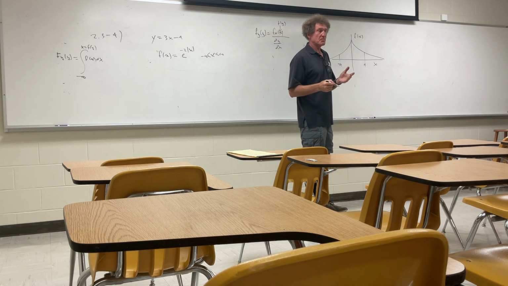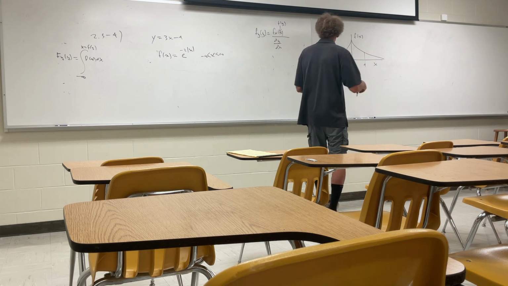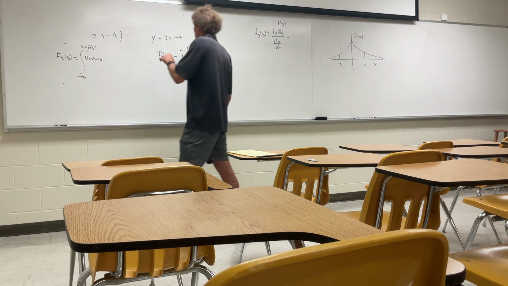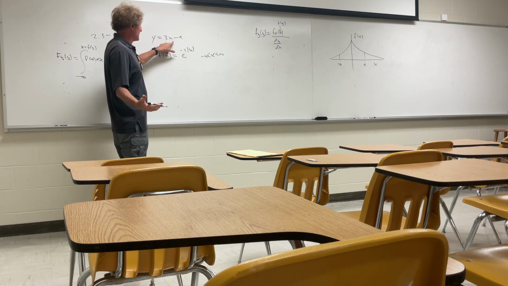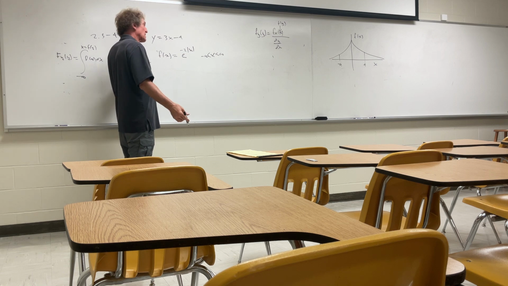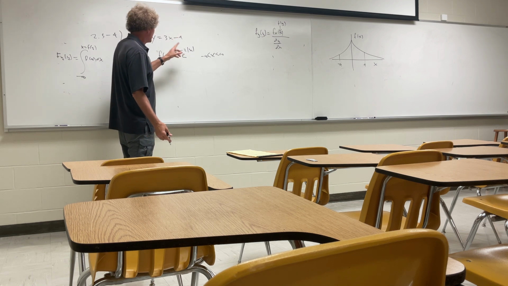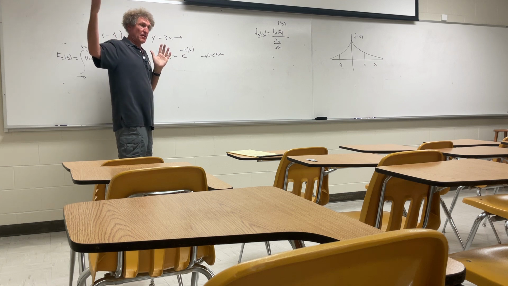What does that correspond to in y? Well, if x is minus a, y here would be 3 times minus a, minus 4, so minus 3a minus 4. That would be the lower limit, and the upper limit would be 3a minus 4, and it would be a different range. Do y'all follow me on this?